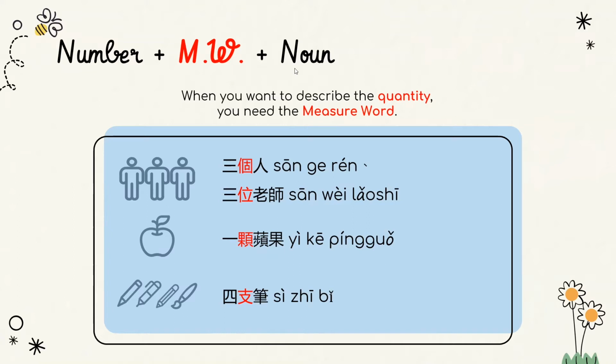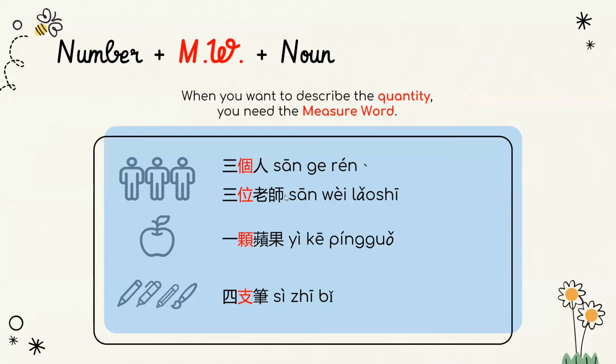There are many measure words in Chinese. Different measure words are used with different nouns. So when learning a new noun, you need to pay attention to the measure words that can be used with it. For example, if you want to say three people, we would say 三个人, and 个 is the measure word for any kind of person.